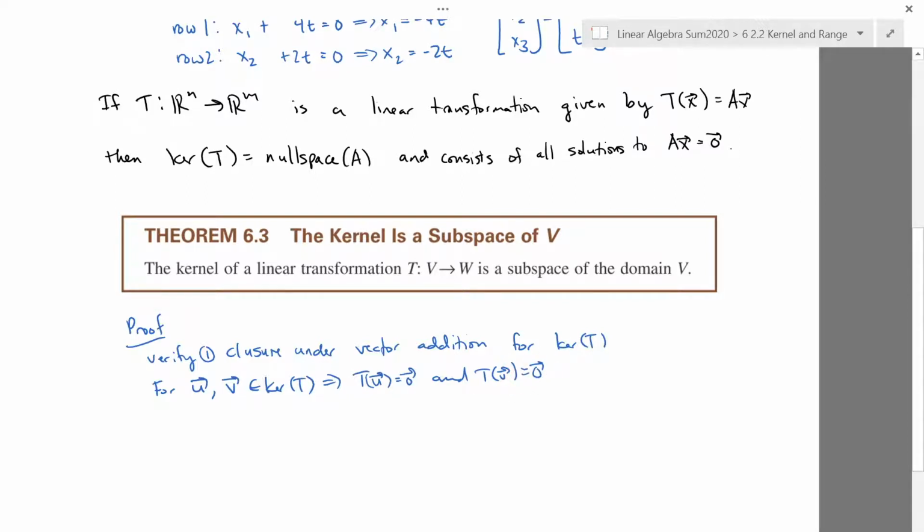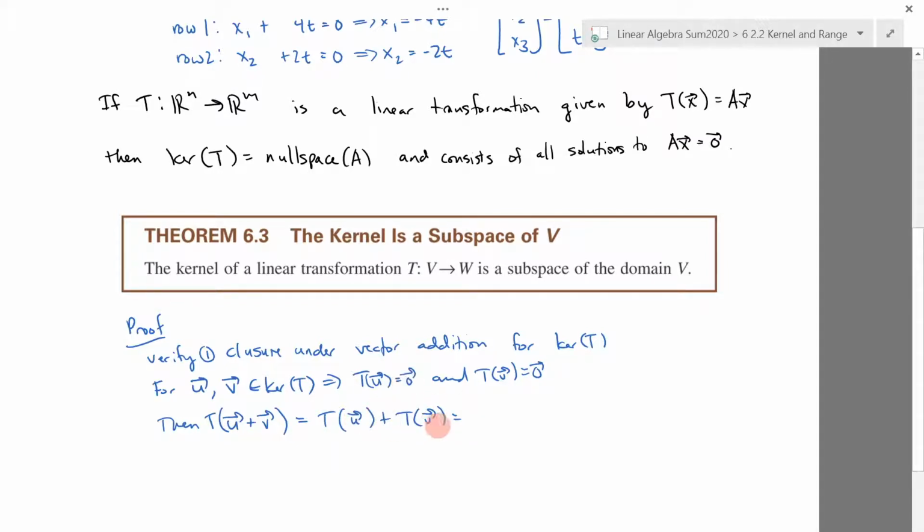But now, if I add u and v together and transform them, from the property of a linear transformation, I can write it like this.